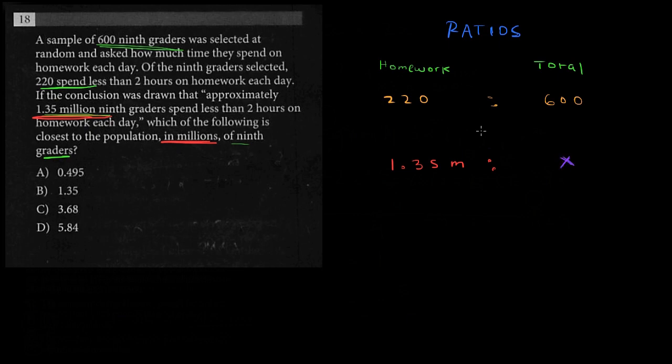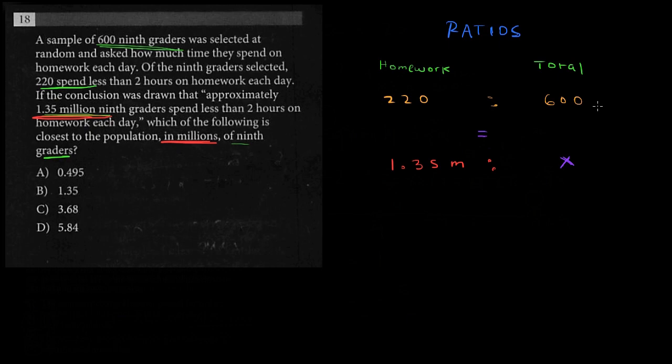Both of these ratios are going to be equal to each other. That's what we need to understand. The ratio of the students in the sample that spend less than 2 hours to the whole sample is equal to the ratio of the population that spend less than 2 hours to the whole population.